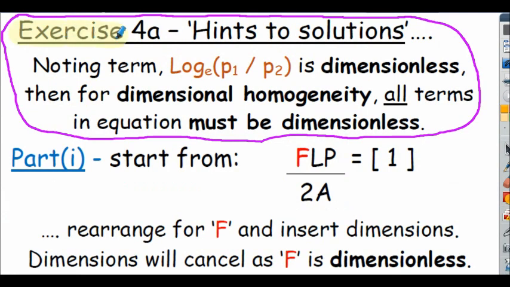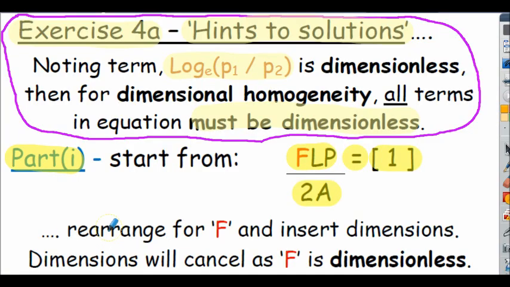And here are some hints for exercise 4 to help you develop your solutions. Because we know in this equation all terms are dimensionless, then for part 1, start from this equation, rearrange for the factor f, insert dimensions, the dimensions will cancel to show that the factor f is dimensionless.